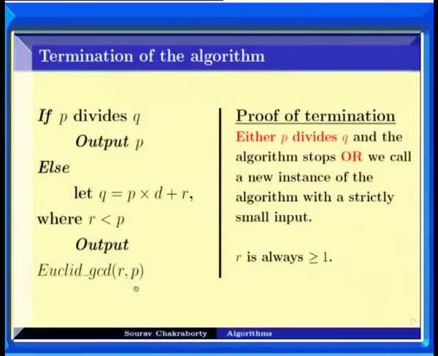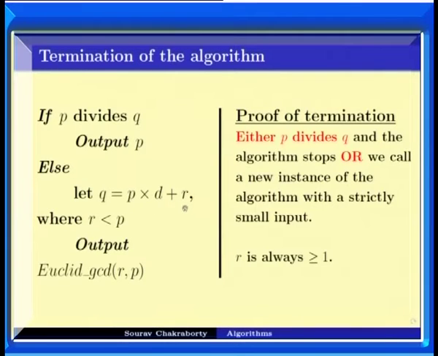And note that this R must always be greater than or equal to 1. It cannot go down to less than 1, correct? Because if R becomes 0, it means that P divides Q, in which case this part will kick in and we will output Q. So R must be greater than or equal to 1, and the first input goes down from P to R, and R is strictly less than P, right?